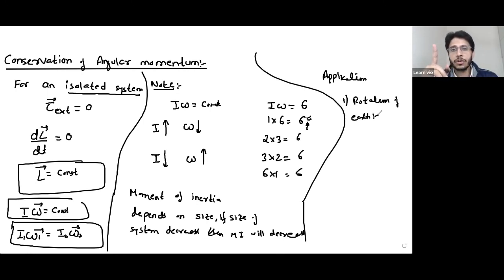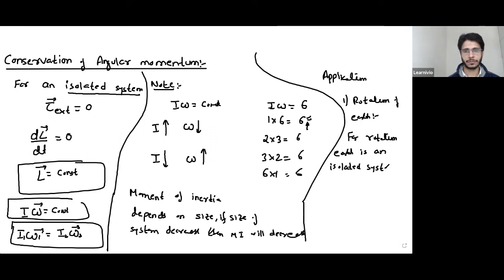No torque is acting over the Earth during rotation. For rotation, Earth is an isolated system, meaning no external torque is acting over it.